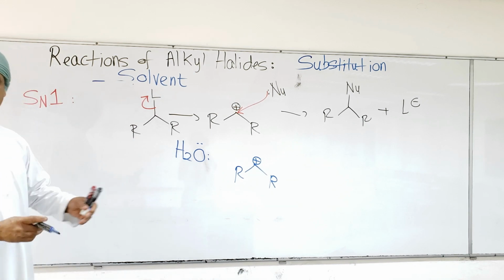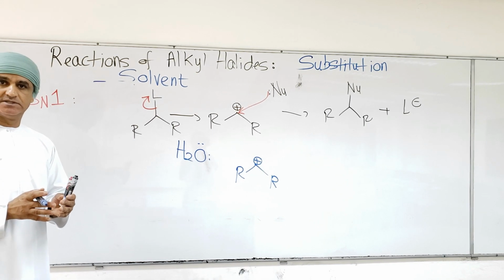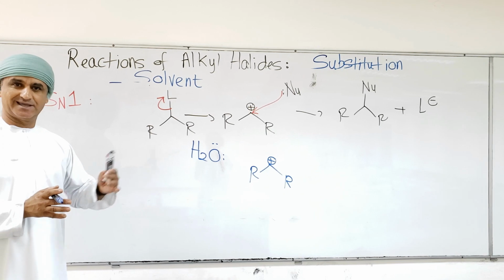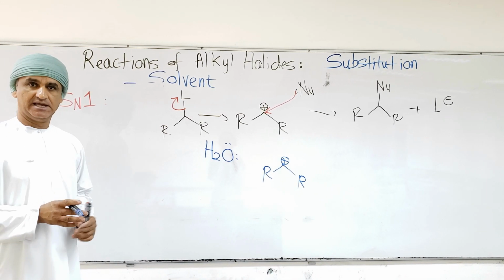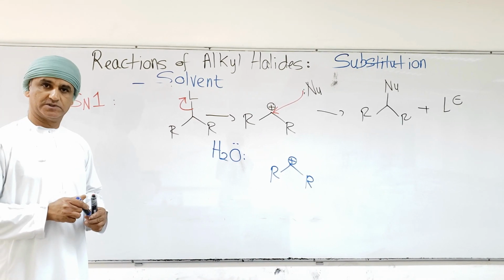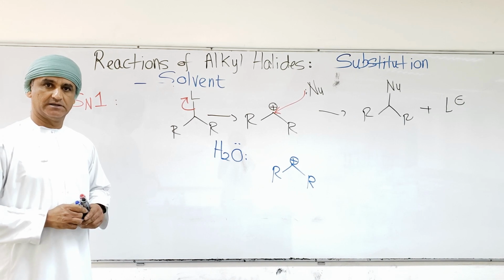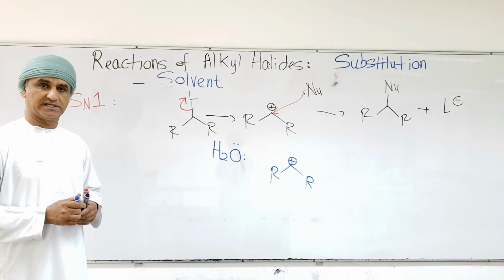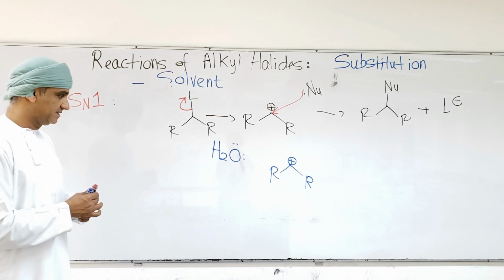Remember, carbocations can be of different substitution degrees. They can also be allylic and benzylic, as we discussed before when we talked about the reactivity of substrates in Sn2 and Sn1 reactions.